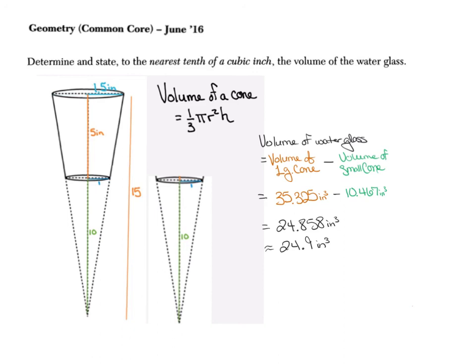When we do this, you'll notice we get about 24.858 cubic inches. The original problem asked us to round to the nearest tenth, so we'll take our answer we got here at the end and round that one to the nearest tenth. Try to go out a little further in your decimal places up until that point, so that at the very end is when you're doing your final rounding to the tenths place.